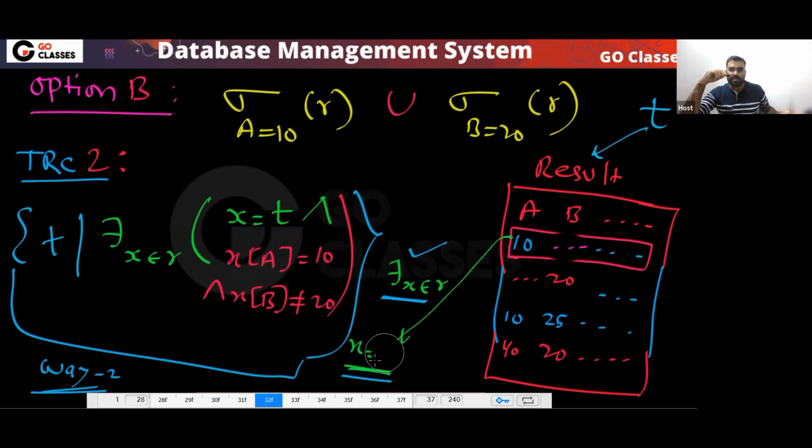There exists a tuple X which is the same as T, with XA equal to 10 or XB equal to 20. Either this would happen or this would happen. You can put this in a bracket. That X should be the same as T, and XA must be 10 or XB must be 20.